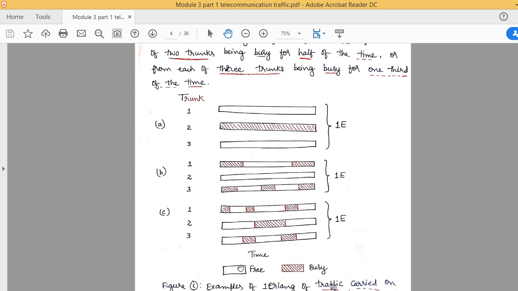So the empty portion in a particular trunk defines that the trunk is free, and if it is shaded, it means that the trunk is busy from this time to this time. If I assume the time from here to here is 1 hour, then during that particular time the 1 Erlang of traffic is passed through the system.